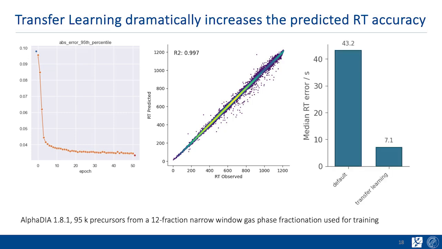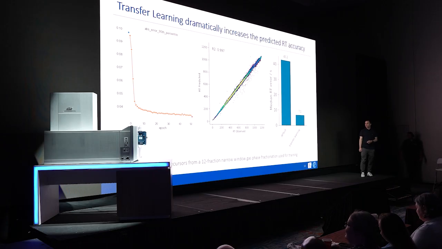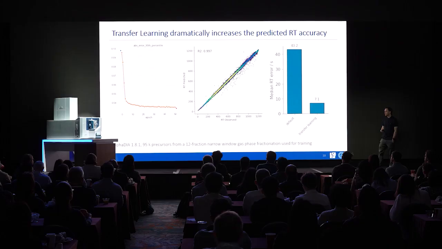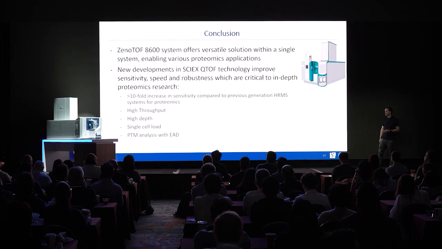Effectively, this means that we can go from retention time accuracy of above half a minute to below 10 seconds, which gives us an additional boost in confidence even for very low intensity precursors. This is not ready yet for ZT scan and EAD, but we're actively working on this, and I think this is the most efficient way to make use of the data that's to come.